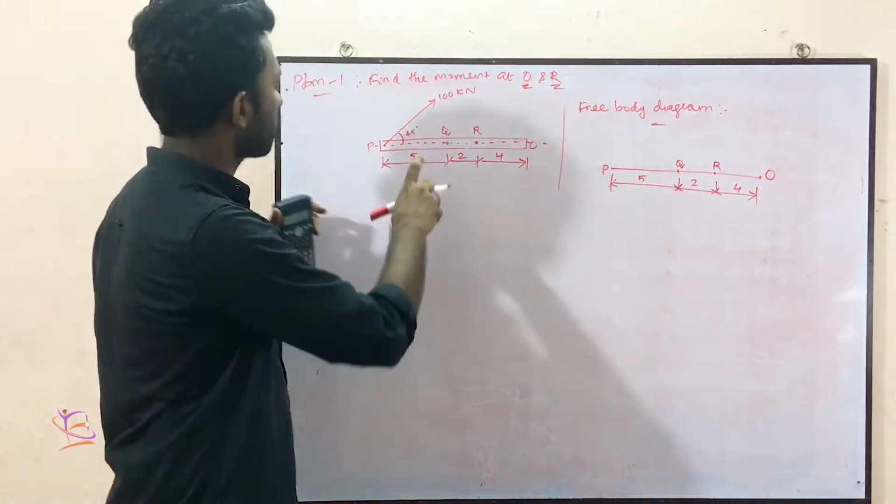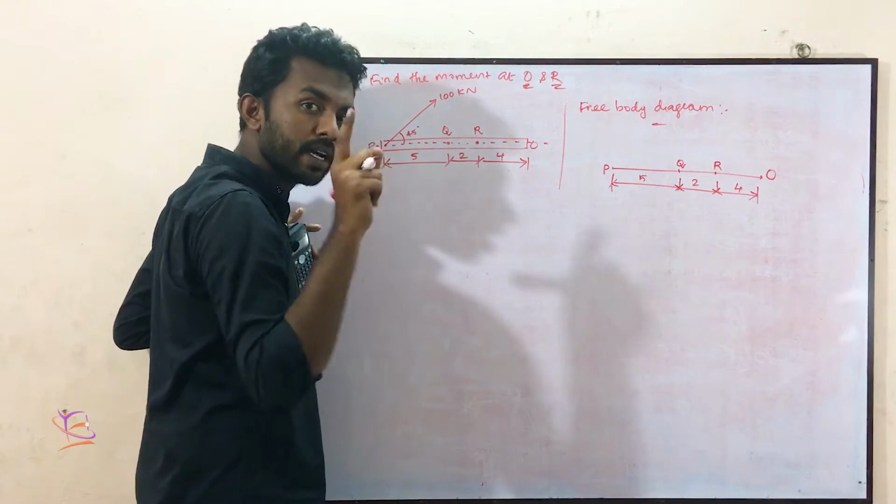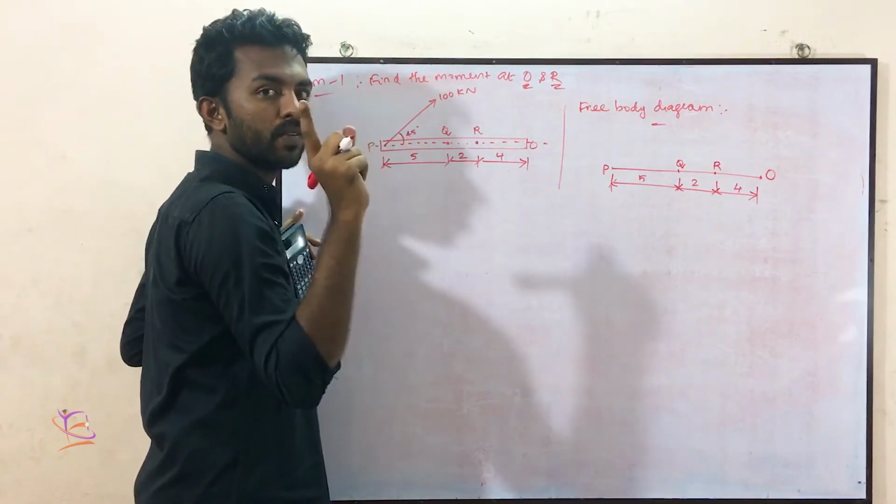The angle is given to the horizontal, so the horizontal component will be cos theta and the vertical component will be sin theta.